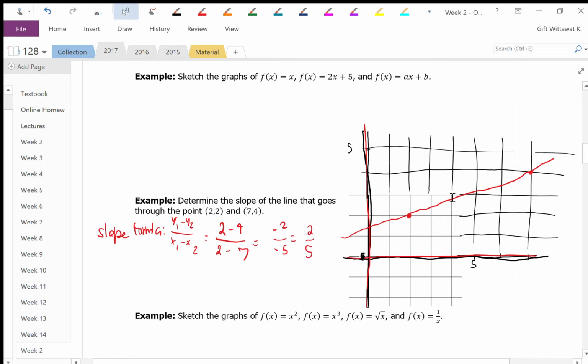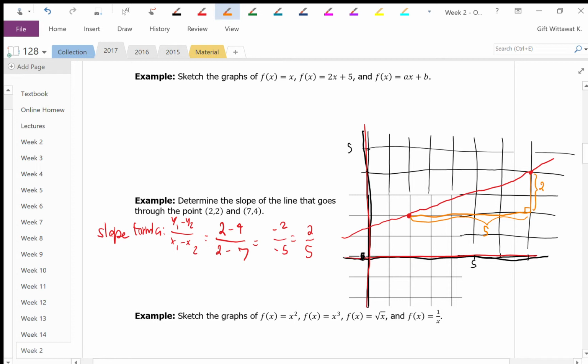Now, since I already have the graph drawn, another way to find the slope of the line is to draw the triangle underneath it. Here you can see that the height of my triangle is 2, and the width of the base of my triangle is 5.